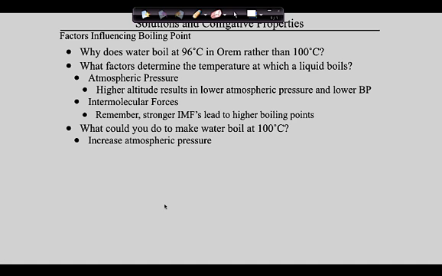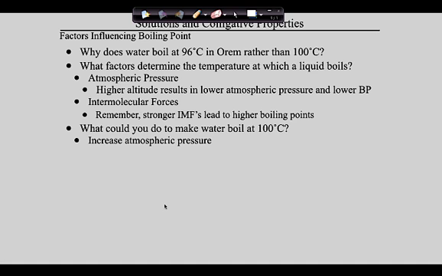How do you take a beaker of water and increase the atmospheric pressure on it? Well, guys, the first way is kind of cheating. If we wanted to make this water boil at a temperature higher than 96, one of the things that we could do is take it on vacation. You take this down to San Diego, which is at sea level, and what happens to its boiling point?